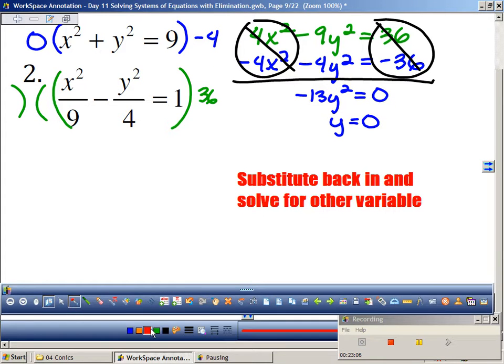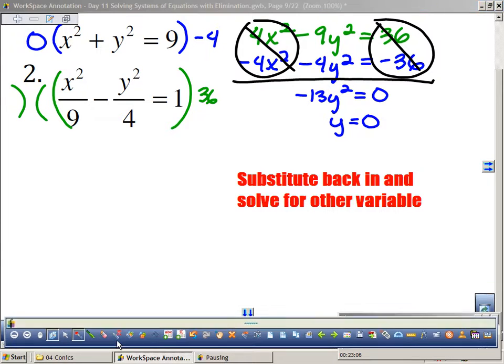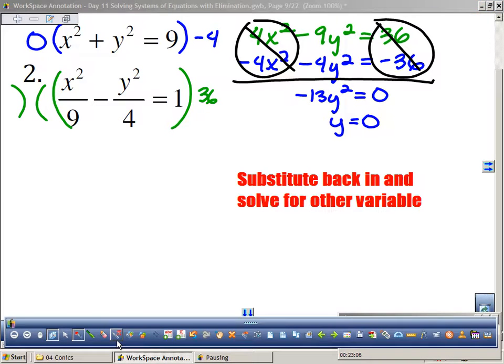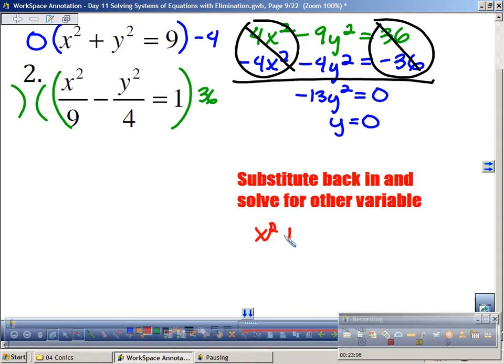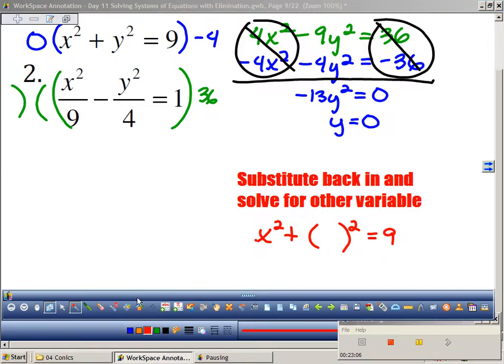Right? You could put it in there and you're going to get the same answer. Okay, so I'm going to put y back in here. So I've got x squared plus y squared equals 9, and y is 0.